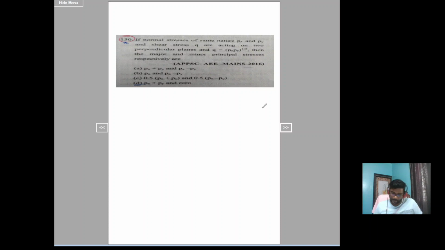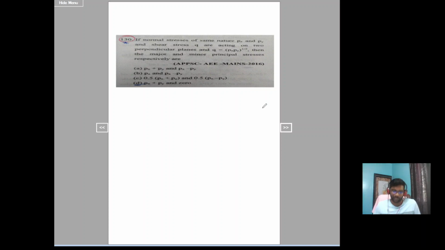Next, normal stresses px and py are acting, and these two are of equal nature, that is either both are tensile or both are compressive, and some shear stress q is acting. Then he is asking to calculate the major and minor principal stresses.